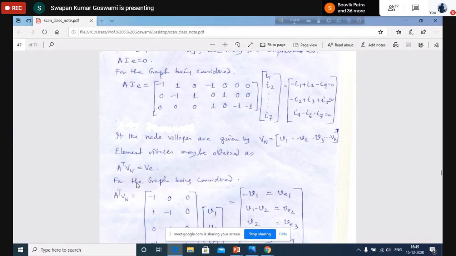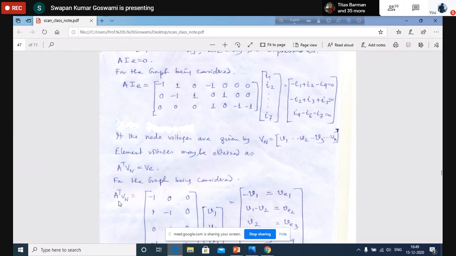We assume that we have solved for node voltages, and those voltages are written in the node voltage vector, and the entry of those node voltage vector is V1, V2, V3. Am I right? Can you understand me? So I am writing A transpose Vn, and let us see what does this product mean to us.